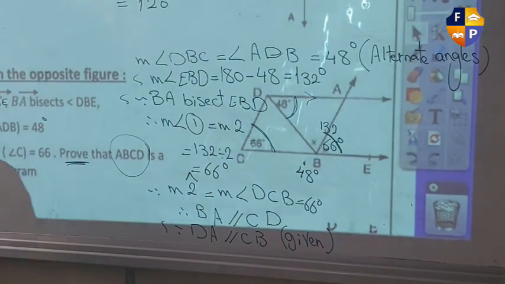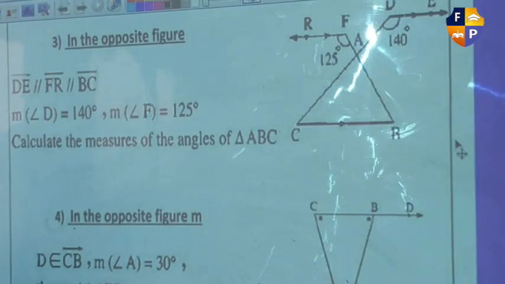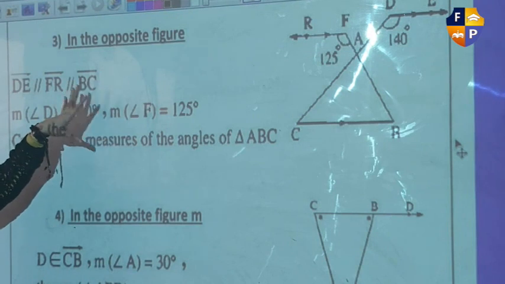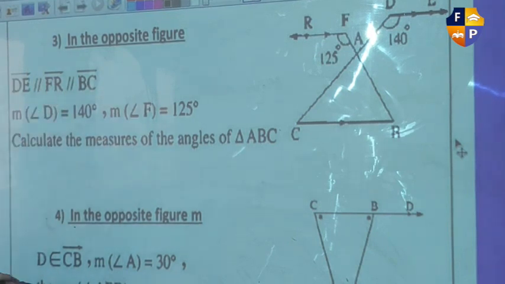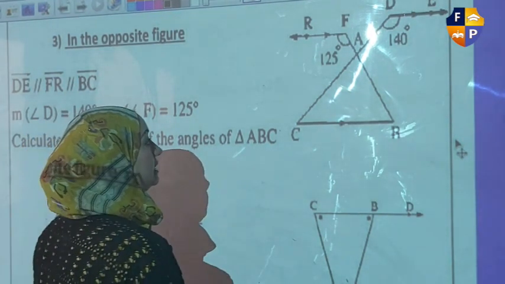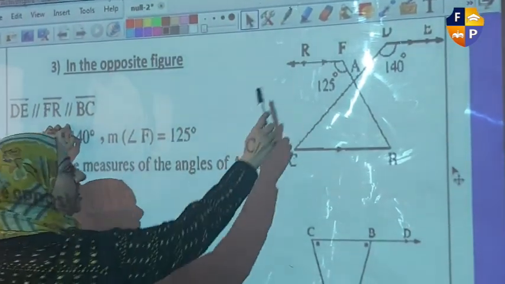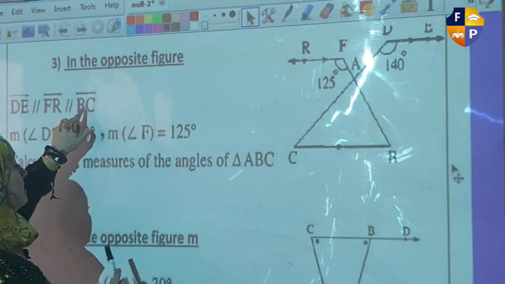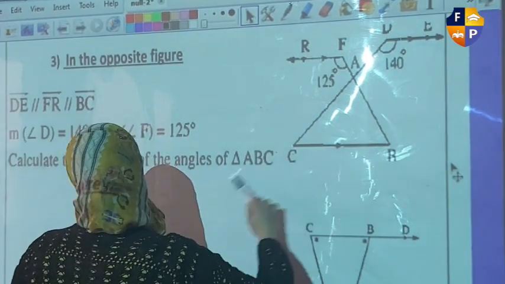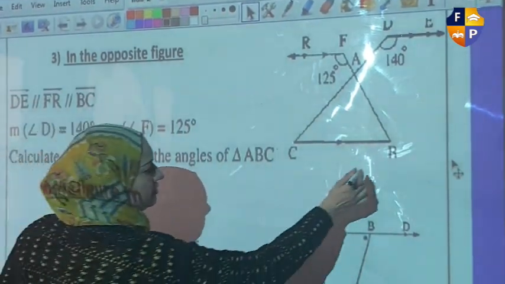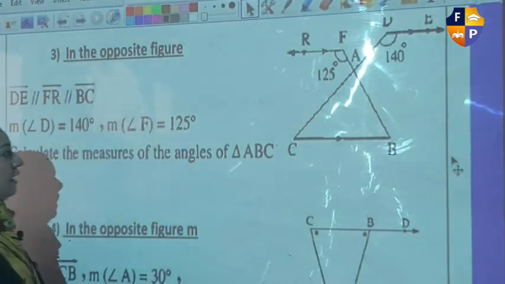Okay. Pause, please. Look at this figure. In the opposite figure, DE is parallel with FR and parallel with CP.